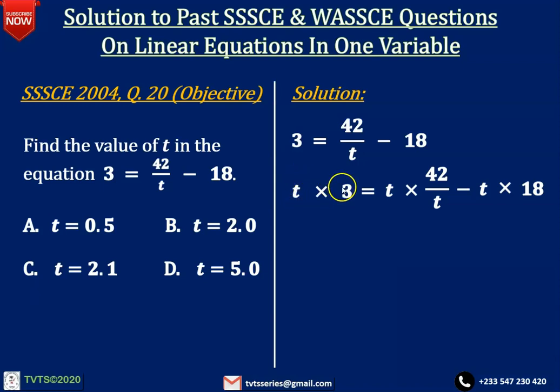T times 3 is 3t. T gets rid of t, and 1 times 42 is 42. Finally, negative t times 18 is negative 18t.